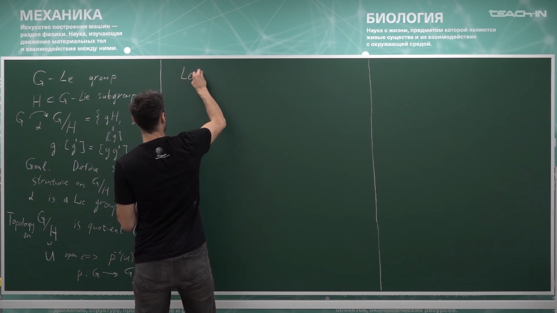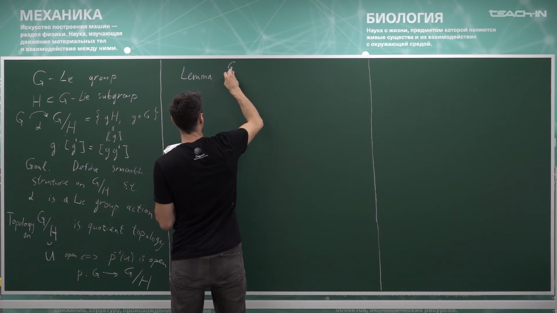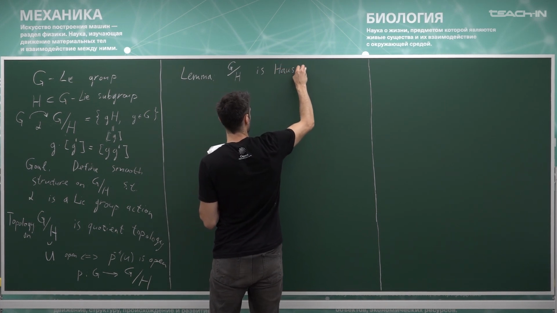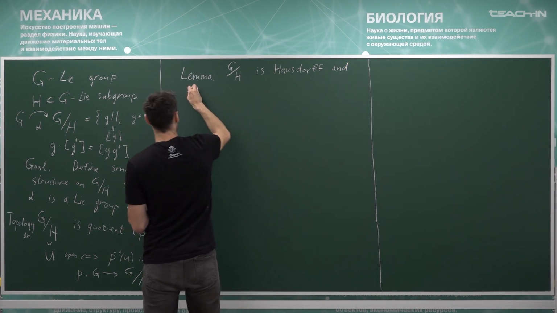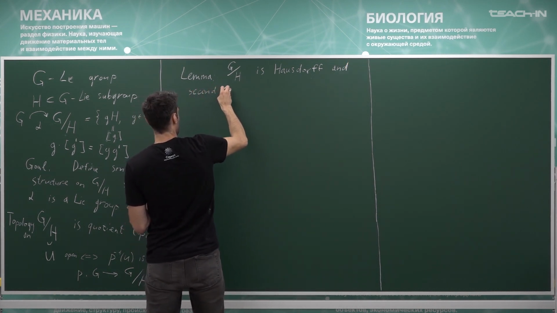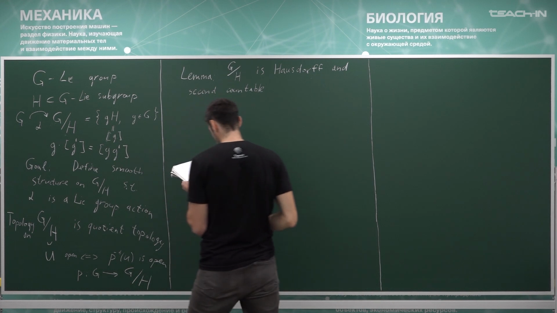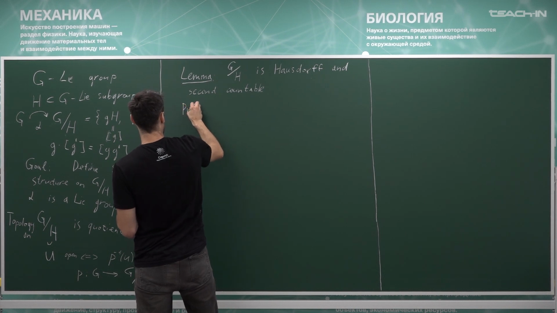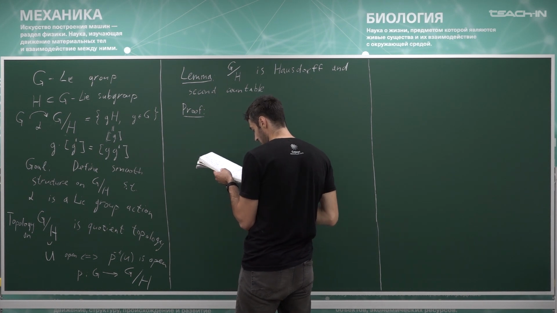Lemma: G over H is Hausdorff and second countable. It means that it has a countable base. Right, so let's prove it. Let's prove that it is Hausdorff.